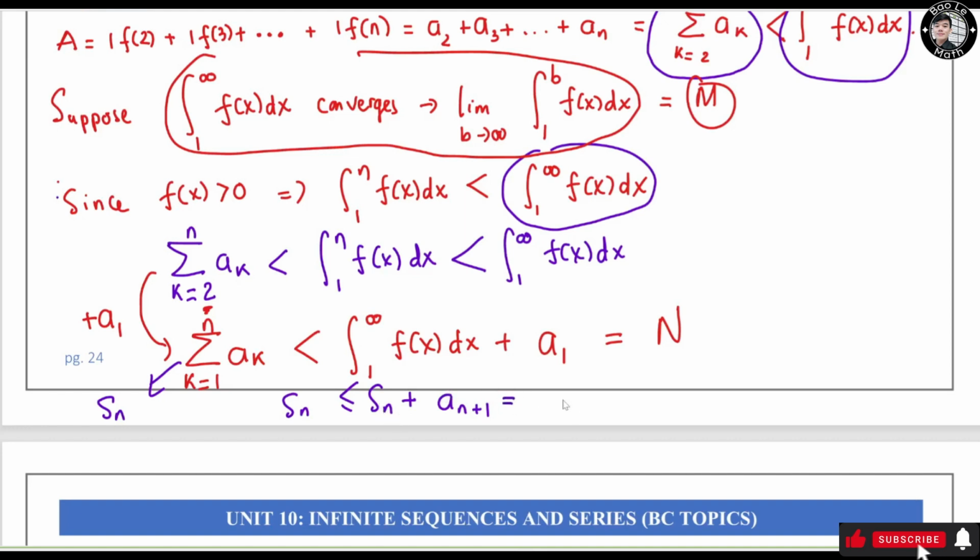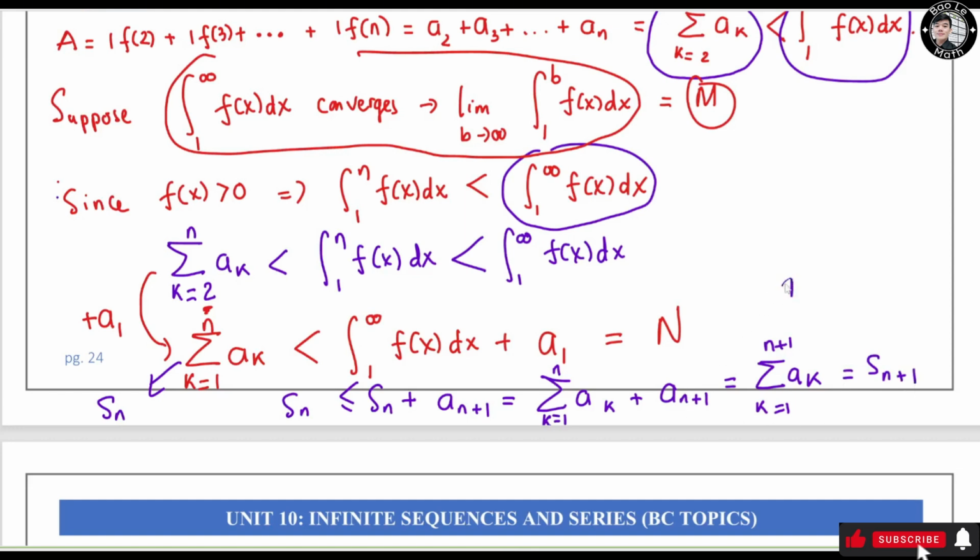And it's gonna be the series a sub k when k goes from 1 to n plus a sub n plus 1, right? And it's gonna be the series a sub k when k goes from 1 to n plus 1, right? And it's gonna be S sub n plus 1, right?